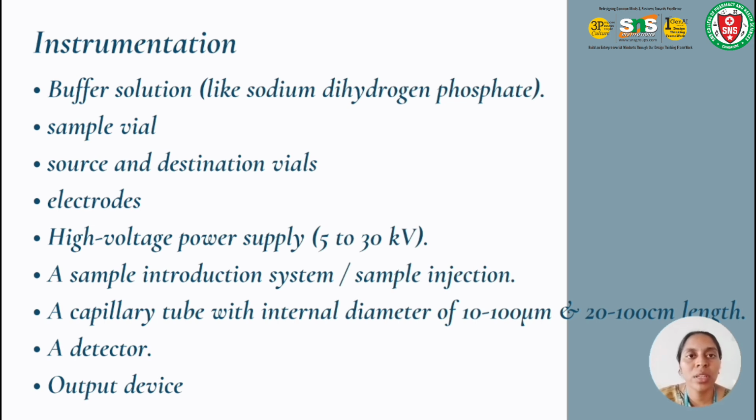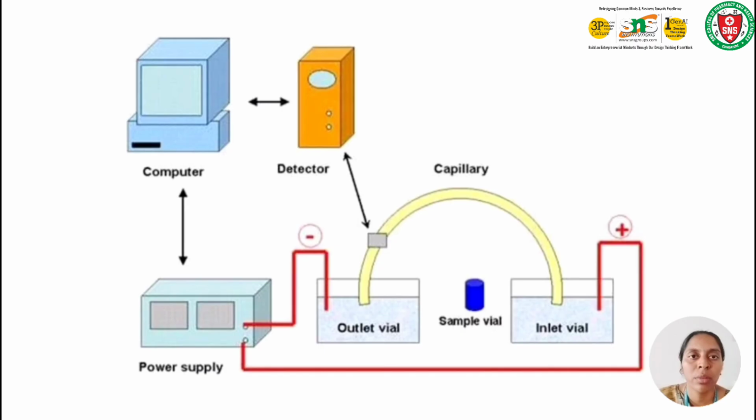The instrumentation of capillary electrophoresis includes a buffer solution like sodium dihydrogen phosphate, a sample vial, source and destination vials, electrodes, a high voltage power supply of 5 to 30 kilovolts, a sample introduction system, a sample injection, a capillary tube with an internal diameter of 10 to 100 micrometers and 20 to 100 centimeters in length, a detector, and an output device.